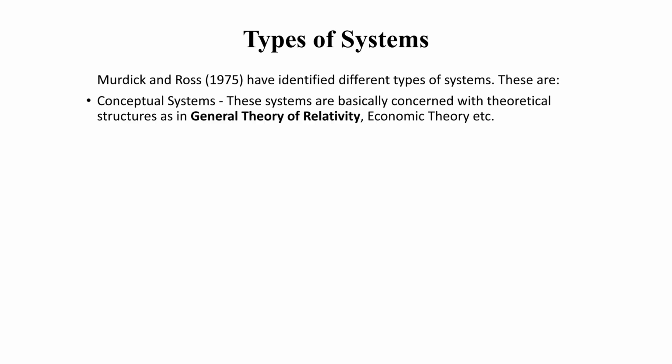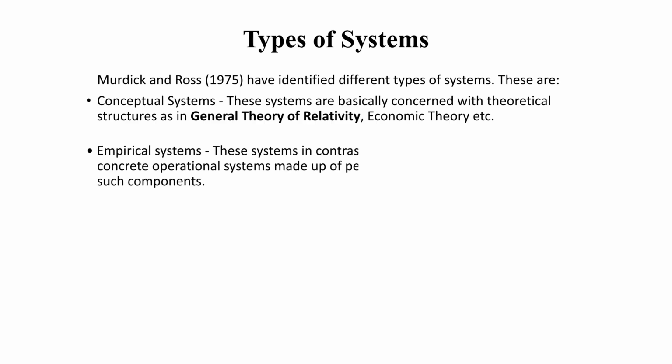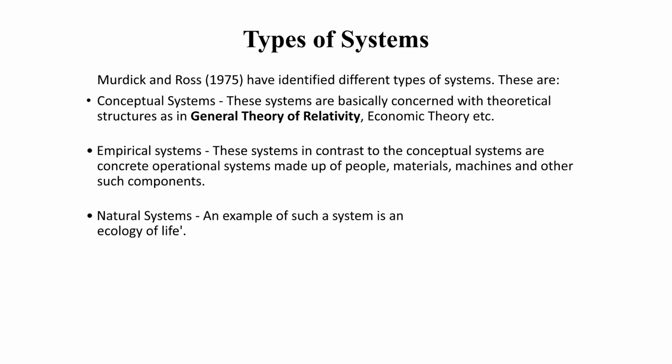That means any theory which is developed may be based on a conceptual system. The next one is empirical system. These systems, in contrast to the conceptual system, are concrete operational systems made up of people, materials, machines and other such components.